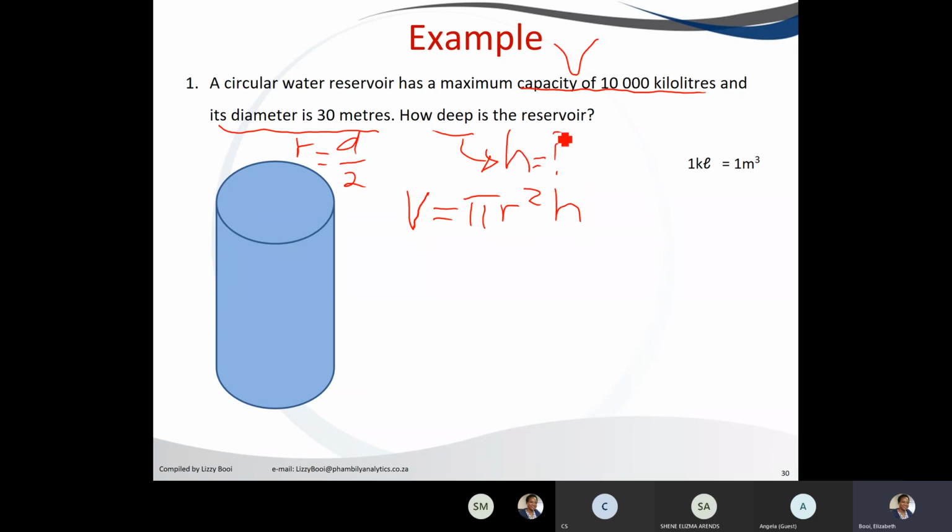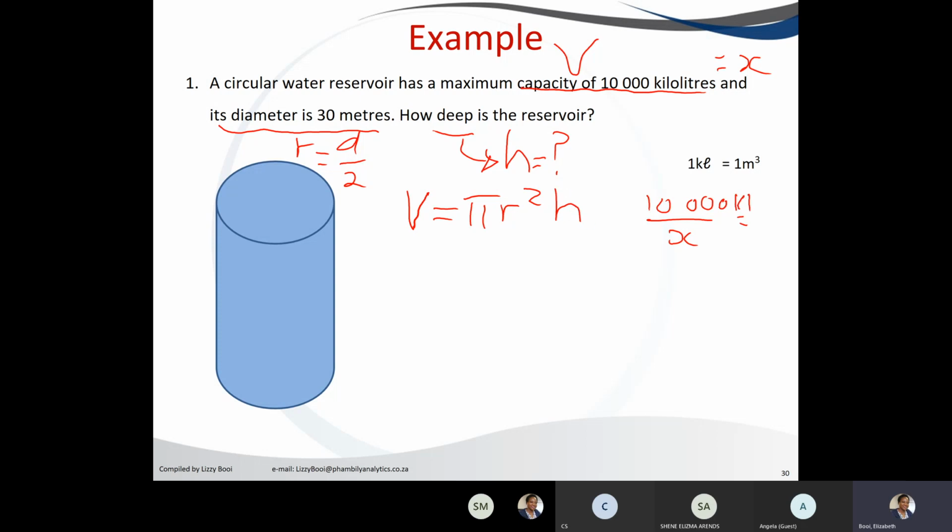So if I say 10,000 is equal to x, remember our formula, we can use the same method. We can say 10,000 divided by x, and we know that this is kiloliter.